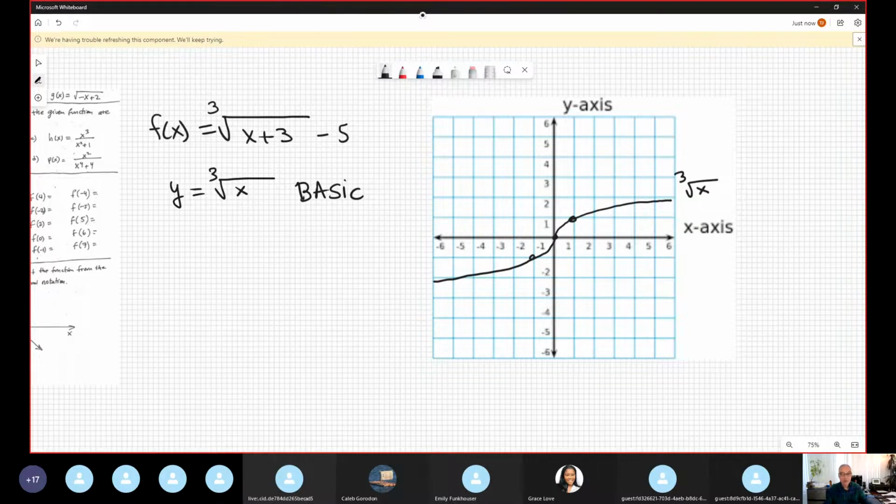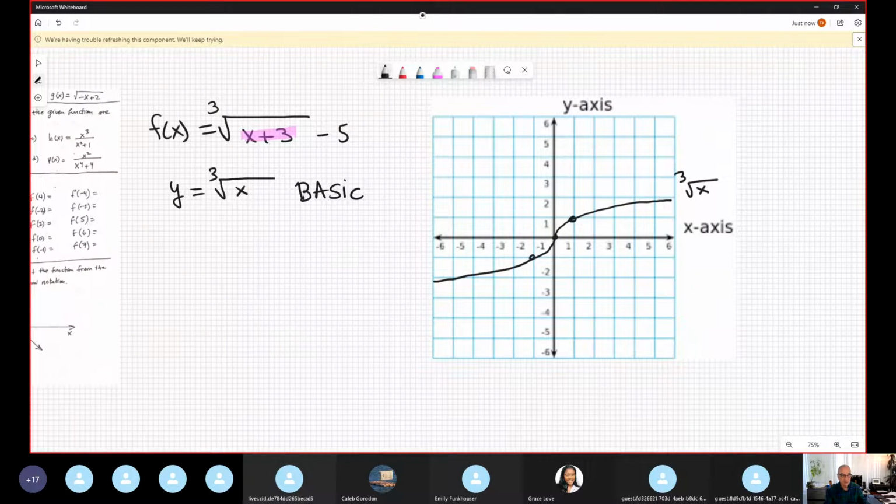Now, you see the transformation. According to the order of operations, you see this transformation first. Yes or no? What does that mean? x plus 3 in function notation.